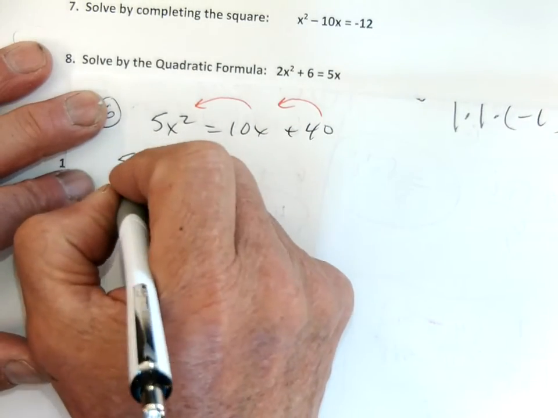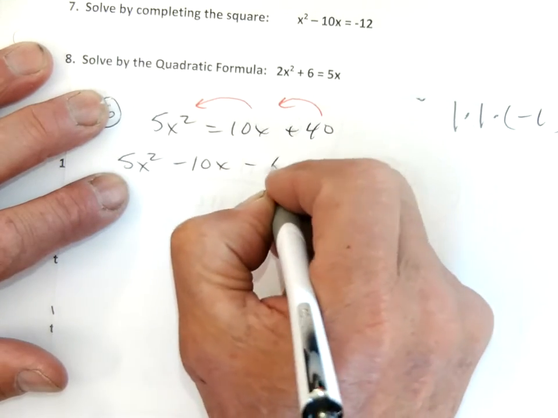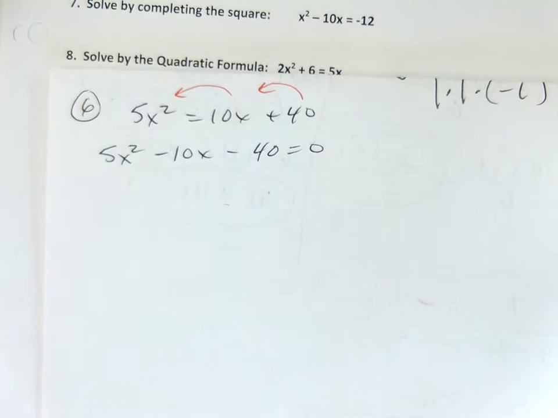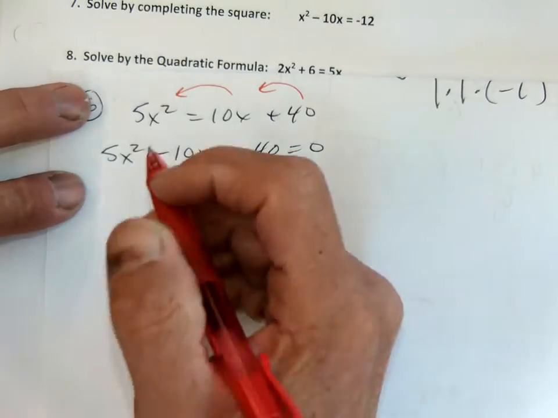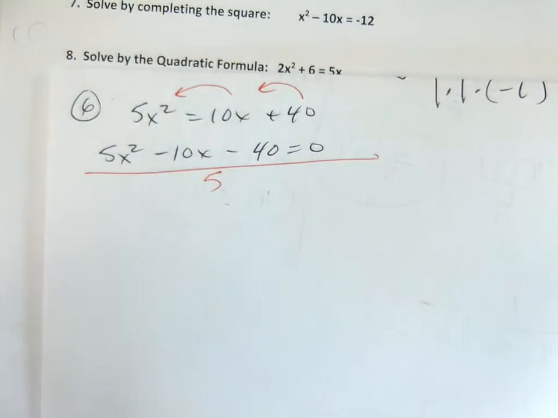So I'll have a 5x squared, subtract 10x, subtract 40 equals 0, okay? Now, I see right off the bat that I've got multiples of 5s, right? Everybody agree? And the cool part about equals 0, you don't even have to factor out the 5. You just divide the 5, because it equals 0, right? So we just go straight to divide everything by 5, only because it equals 0. It really makes it easier for me.